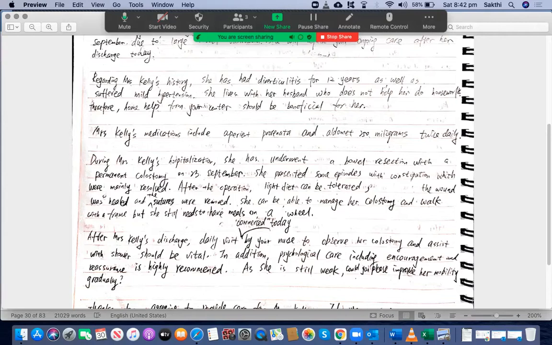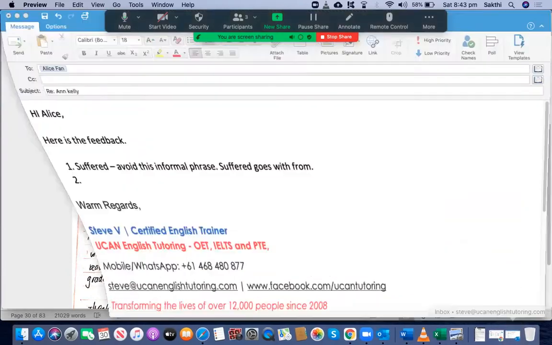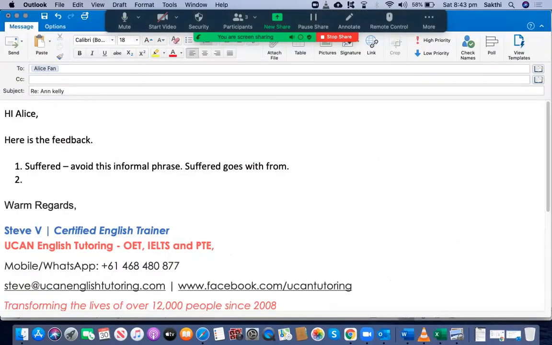"She lives with her husband who does not help her in housework." No, no, who does not help her to do housework. "Help" takes "to" after it, help her to do something. That's correct. Yes, sorry about that.